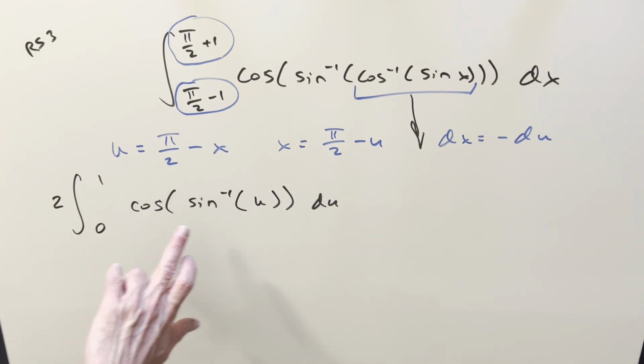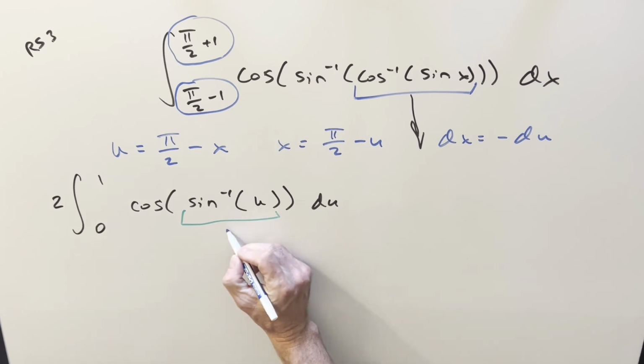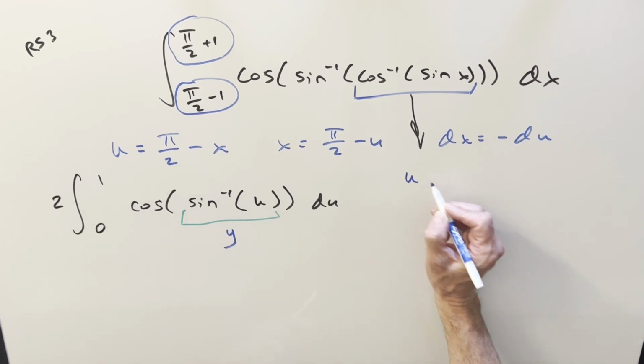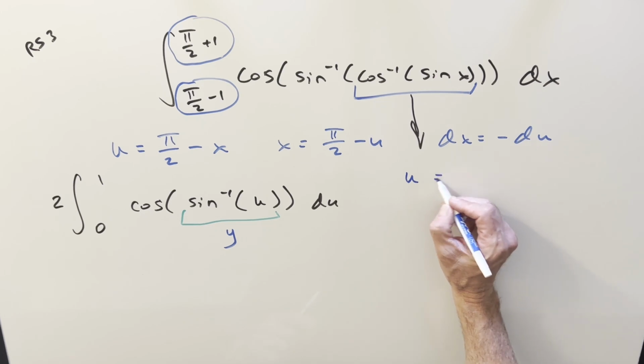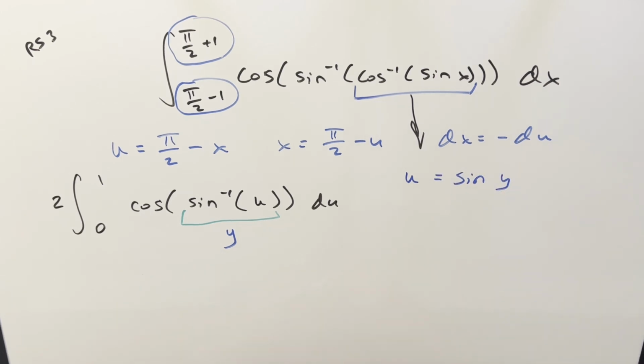And now continuing to work from the inside out, let's deal with this arc sine of u right here. So for this, let's do a quick label and we'll call this y. So then if you rearrange that, just taking sine on both sides, we can say that u is going to be the same thing as sine of y.